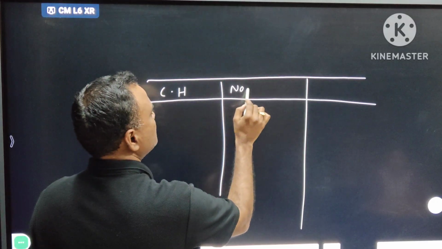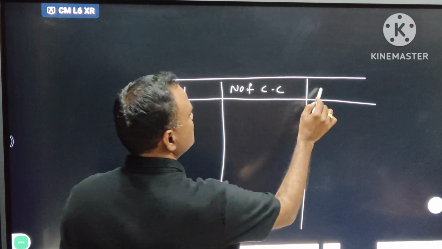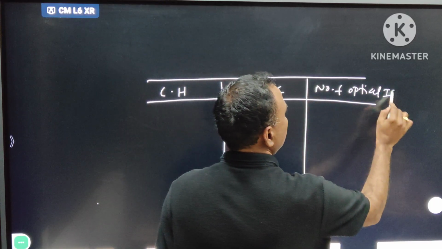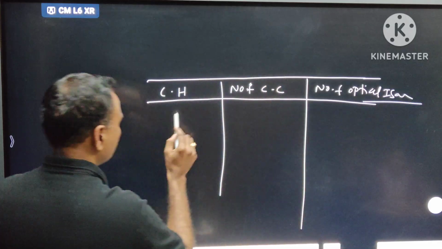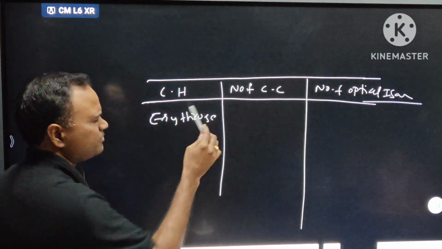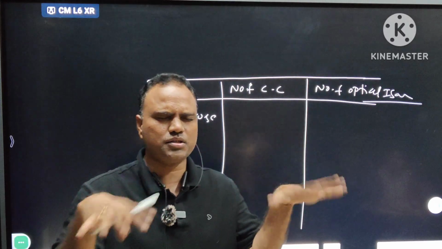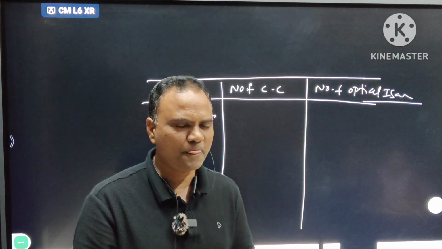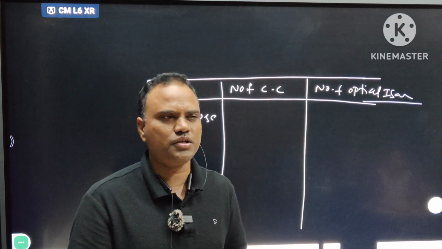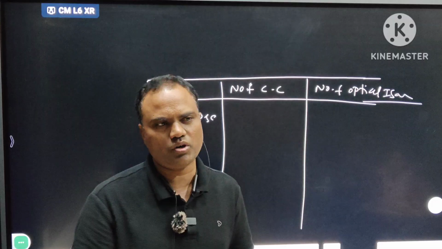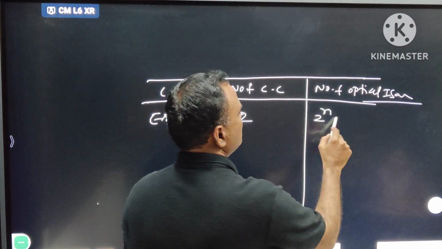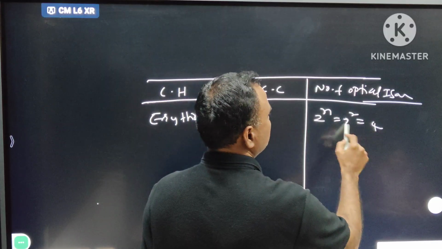Carbohydrates: number of chiral centers, number of optical isomers. Erythrose: no need to learn the structure, just remember that first we wrote erythrose only. So how many carbons are present in that? Erythrose is a tetrose, but two carbons are optically active. 2 chiral centers, 2 to the power n, 2 to the power 2, that is equal to 4.